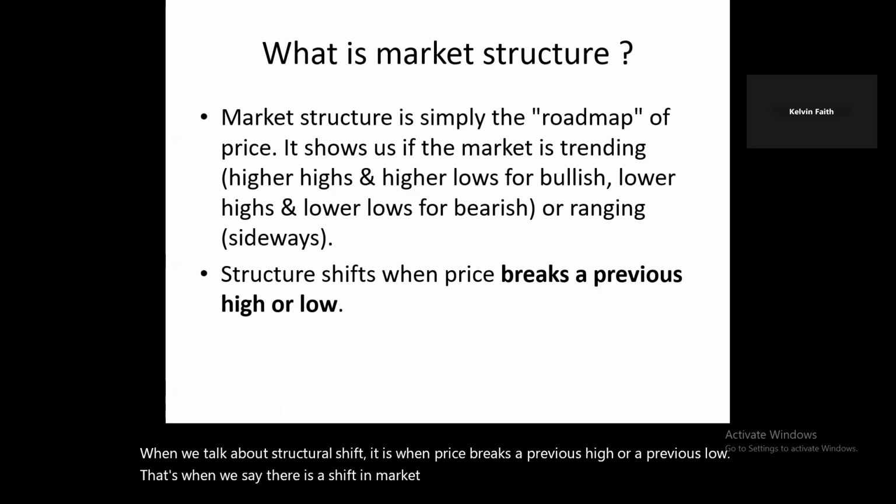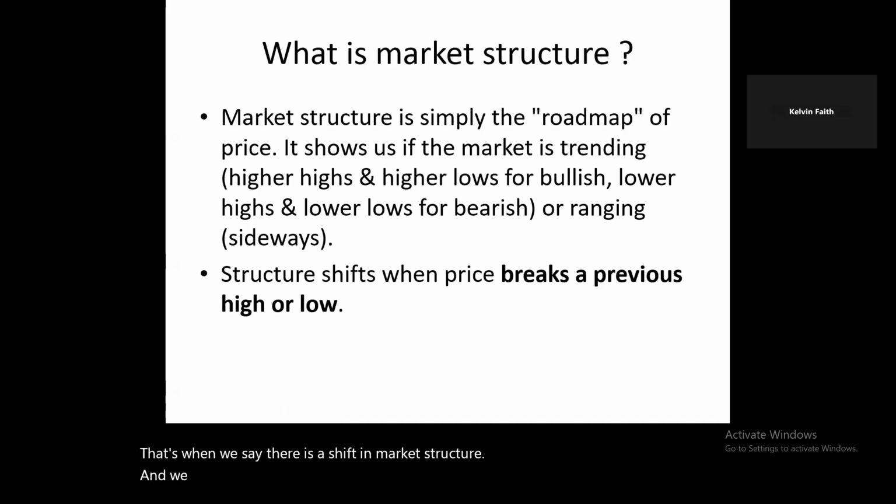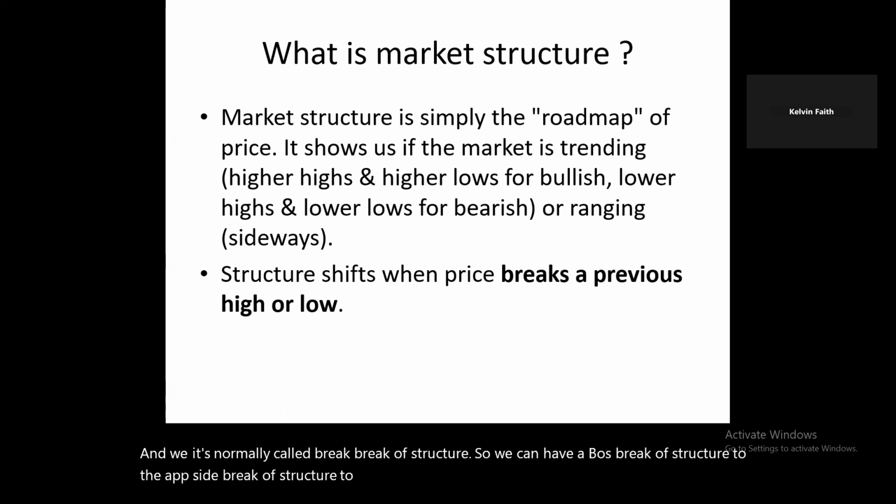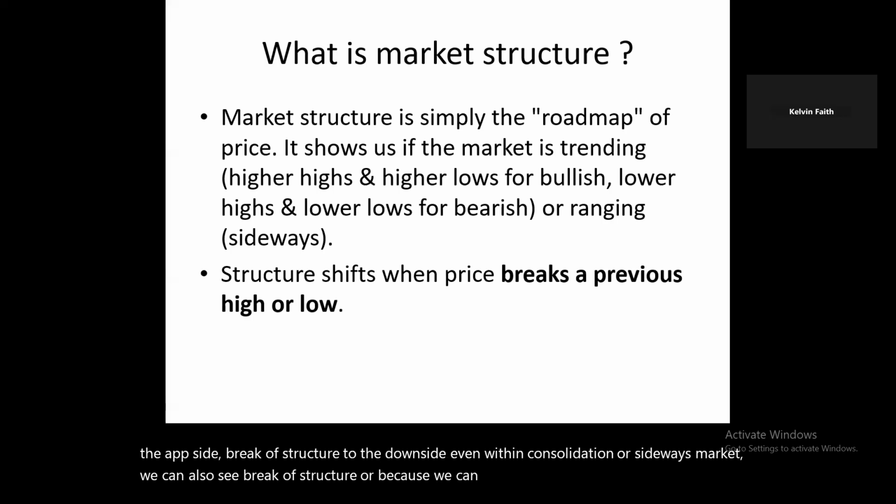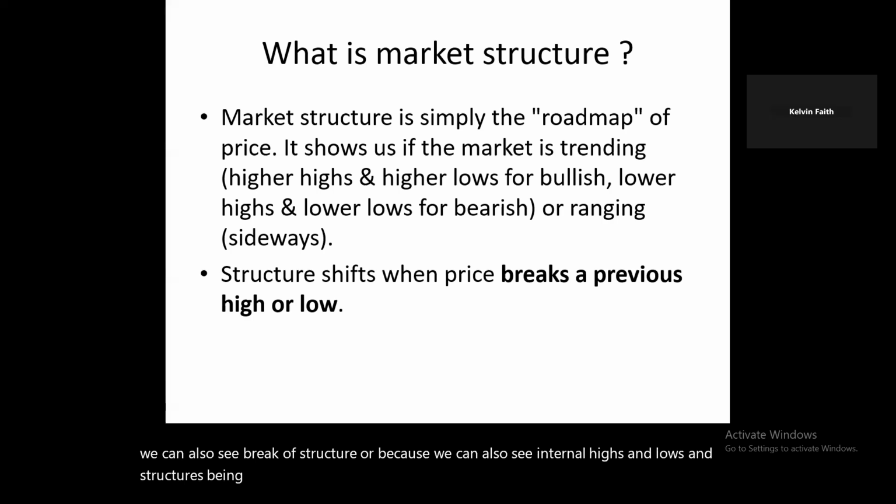It's normally called break of structure. So we can have a BOS, break of structure to the upside, break of structure to the downside. Even within consolidation or a sideways market, we can also see break of structure, because we can also see internal highs and lows and structures being formed in consolidation.